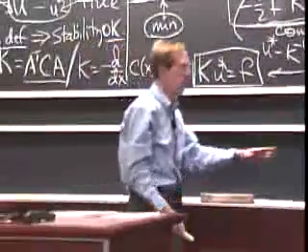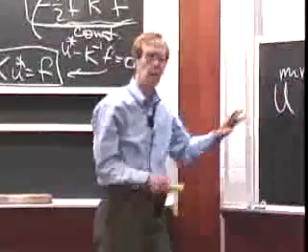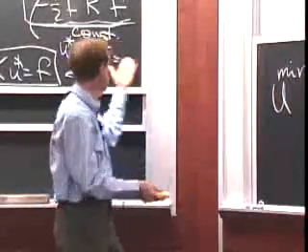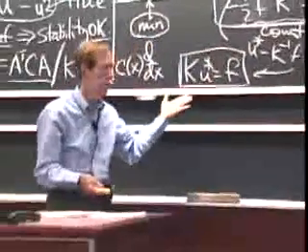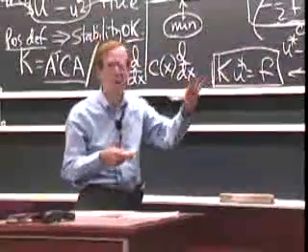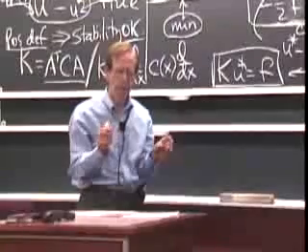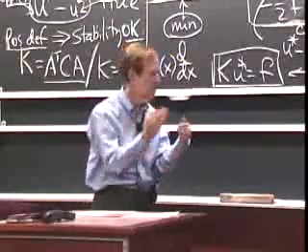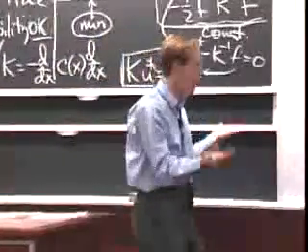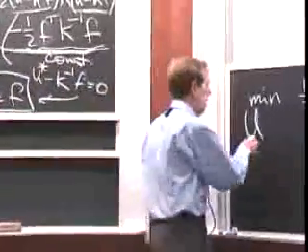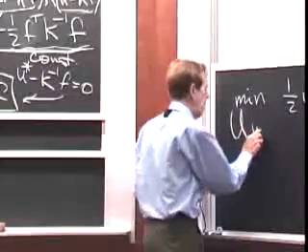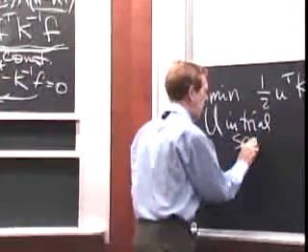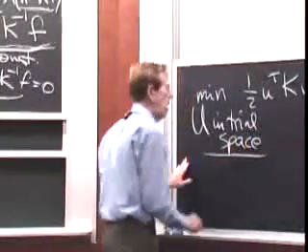I want to minimize over some capital U's, not all U's. If I minimize over all U's, then I get the exact answer. But the idea of all these numerical methods is to minimize over some finite dimensional, smaller dimensional subspace of trial functions. I'll say minimize over U in the trial space, just to write it out in words.